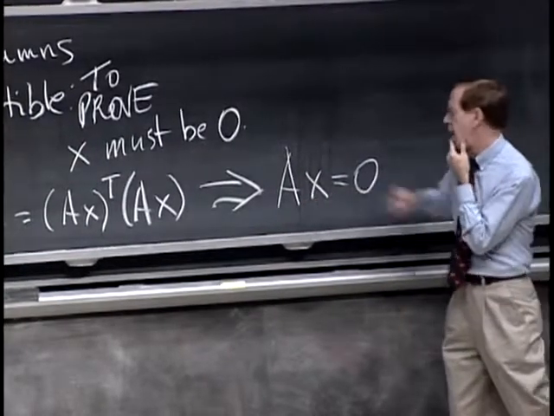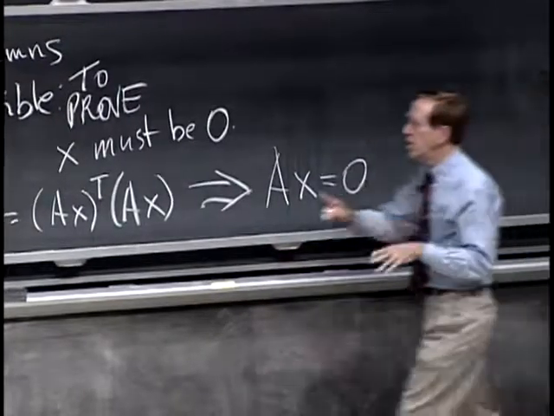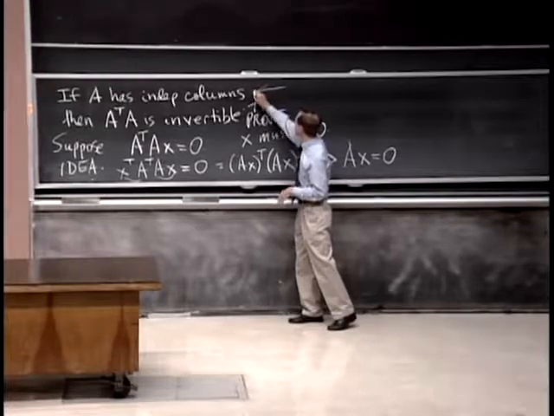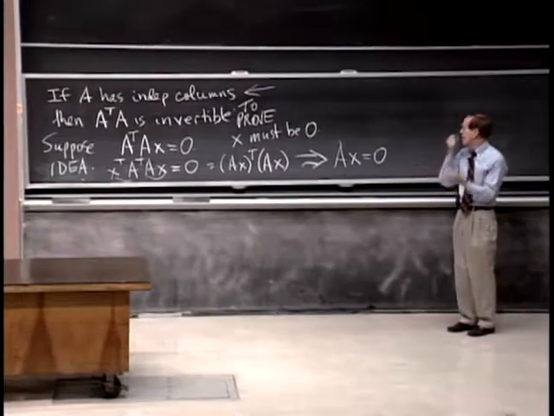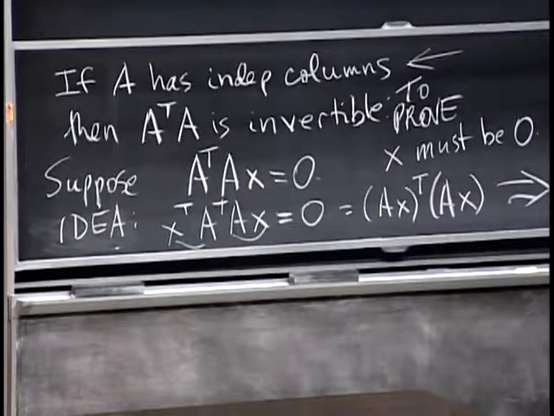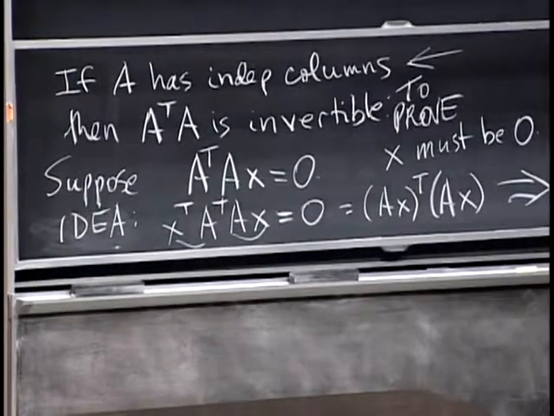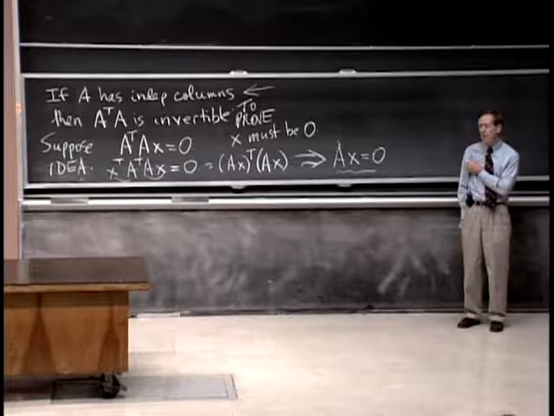Now that I know Ax is 0, I'm going to use my little hypothesis. Every mathematician has to use the hypothesis, right? If A has independent columns, and we're at the point where Ax is 0, what does that tell us?